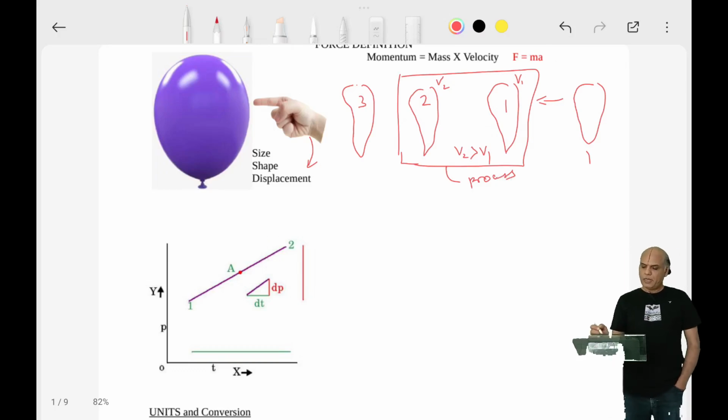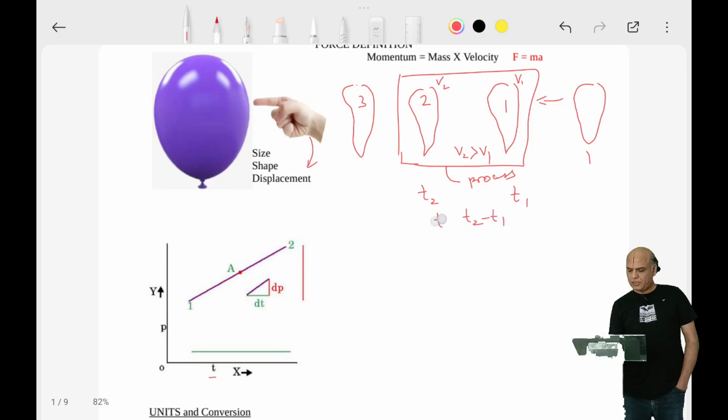So when we applied an external force using our index finger, if I am drawing a graph, on the x-axis I take time. At this position there is some time t1, and at this position there is another time t2. So the time taken from position 1 to 2 is t2 minus t1.